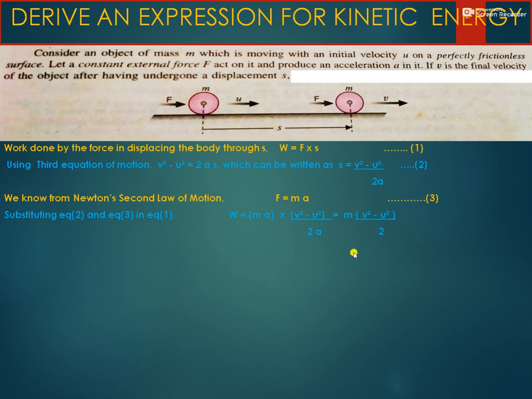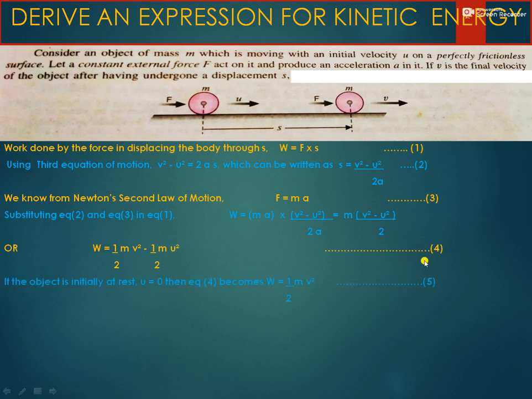It becomes mv square upon 2, and this will also become mu square upon 2. So next we can write that W is equal to half mv square minus half mu square. We have opened the bracket. Now this will become equation 4.